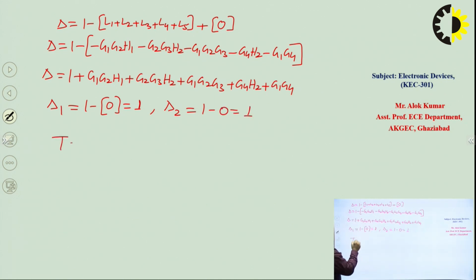So now we can find the transfer function. T is equal to P1 into delta 1 plus P2 into delta 2, divided by delta. Now we can put the values.